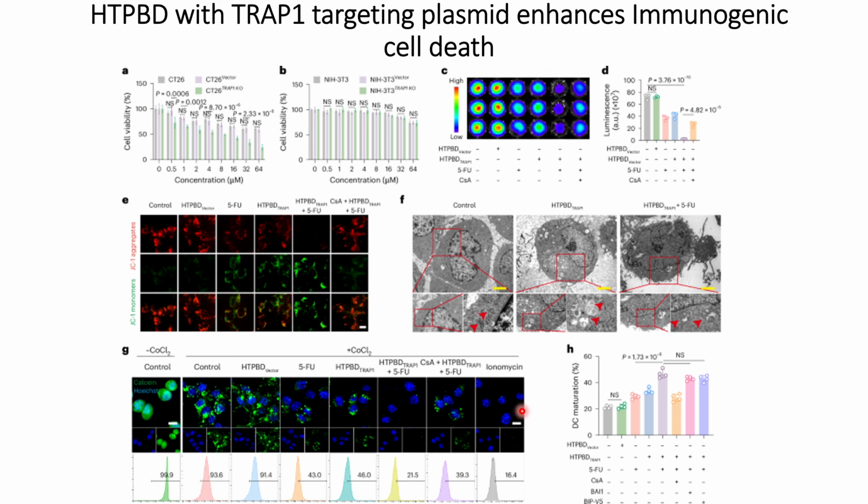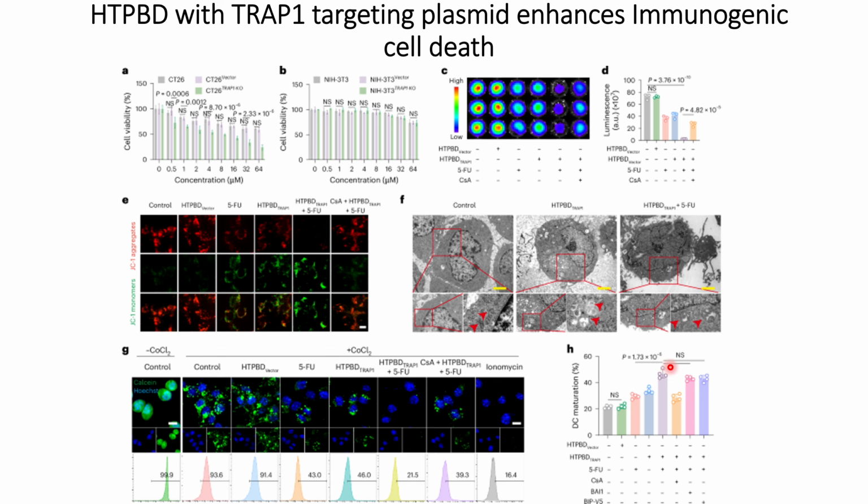Thereafter they also checked the effect of this cell death on immune activation. They checked dendritic cell maturation using CD80 and one more marker, with dendritic cells from bone marrow, and they observed the maximum maturation when they used HTPBD TRAP1 with 5FU.